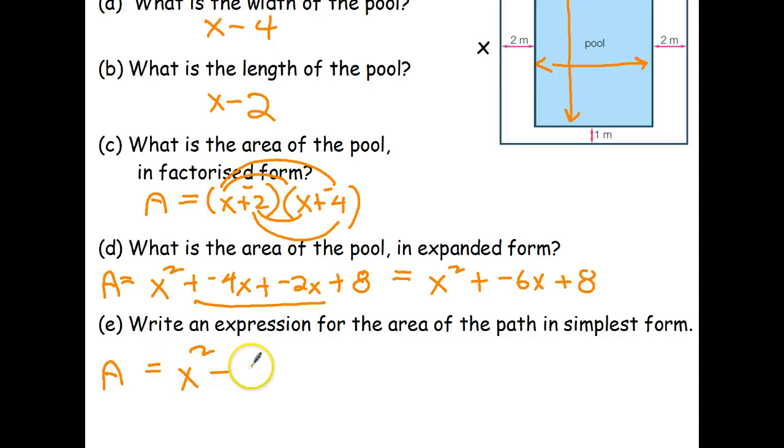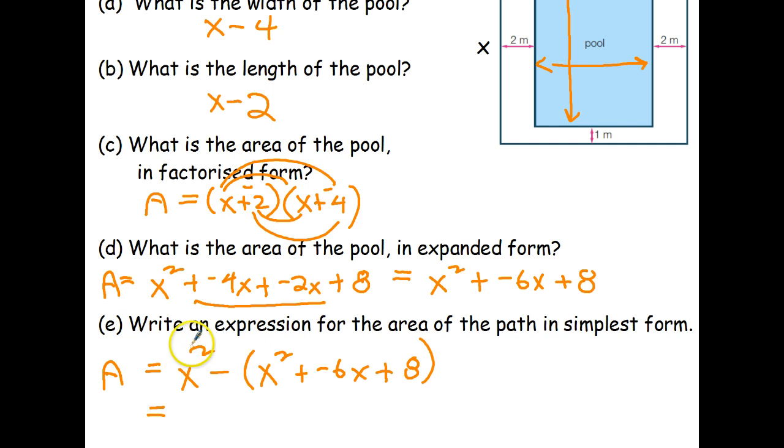From that, we subtract the area of the pool, which is, in brackets, x squared plus negative 6x plus 8. And we have that in brackets because we have to take all of that away from x squared, and all of means you write the brackets.